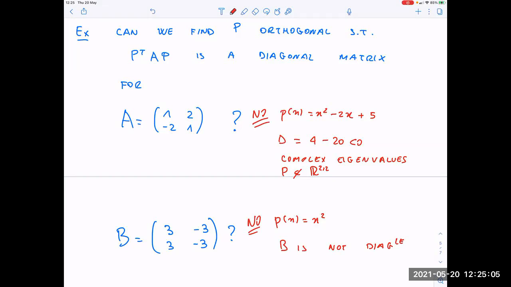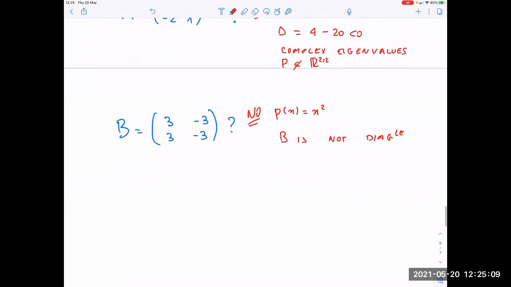Okay, good. So we finished this with one note, which is the following. If your matrix P transpose AP is diagonal, P orthogonal, then of course it is diagonalizable, and it is also true that A equals P diagonal P transpose.